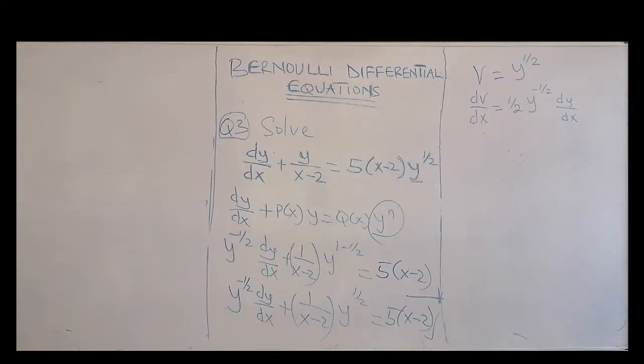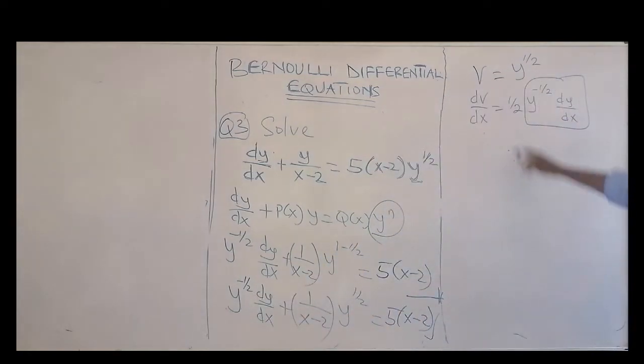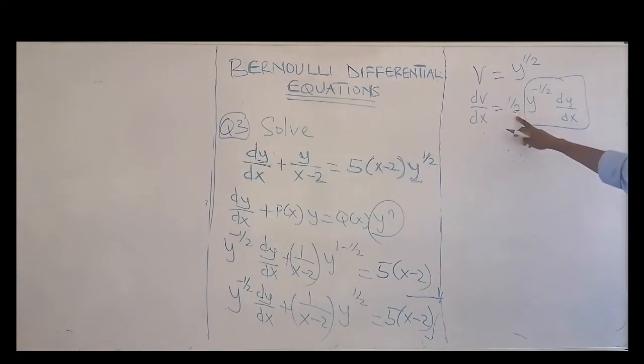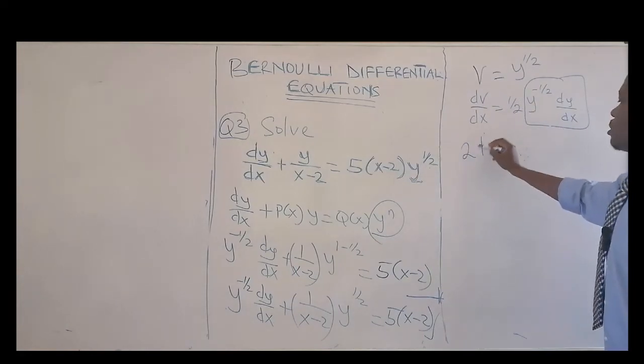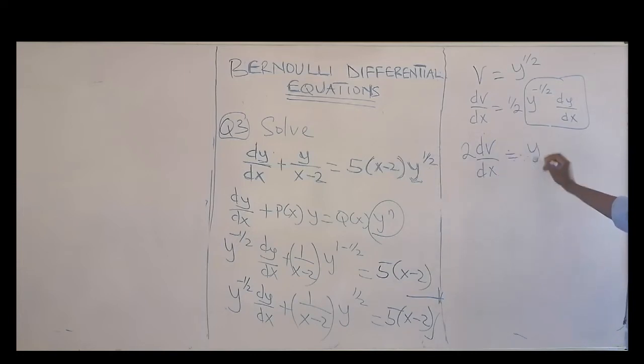We want to make this one the subject, so that we can substitute for that in this place. Half is here, half is not here, so remove this half by multiplying both sides by 2, and that will equal 2 dv/dx equal to y to the minus half dy/dx.